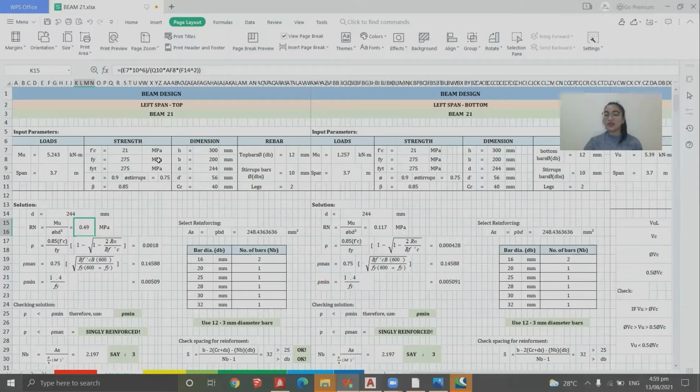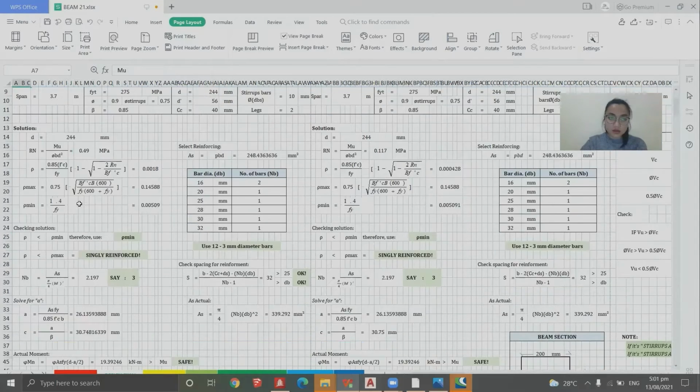Ang gigamit po na rebar is grade 40. Then we have the dimensions, 300 by 200 mm, the concrete cover 40, and the rebar 12 mm in diameter ang gigamit for the beam designs. So these are the solution for the designs.